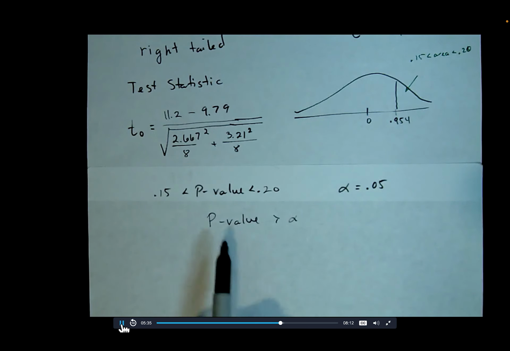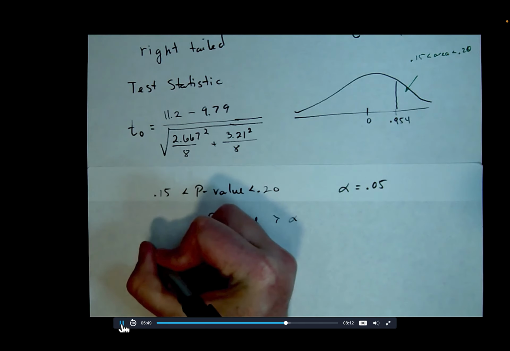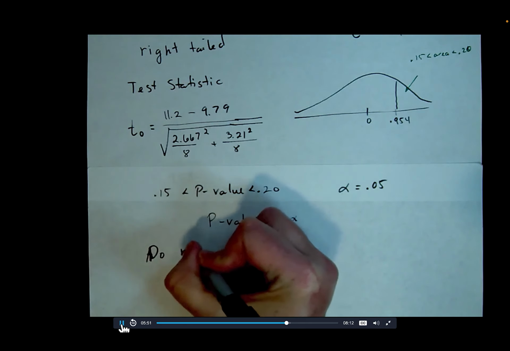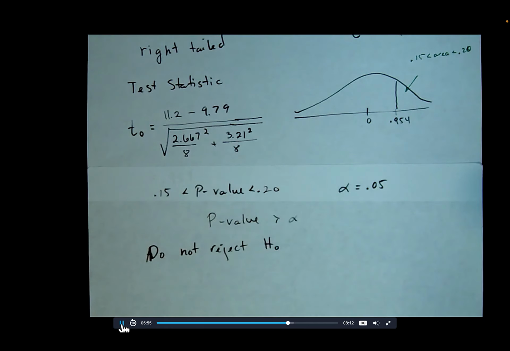Let's see, what do we do when the p-value is greater than the level of significance? Yes, that's correct. We do not reject H naught. So you always either reject or don't reject H naught. When the p-value is bigger than alpha, you do not reject it.